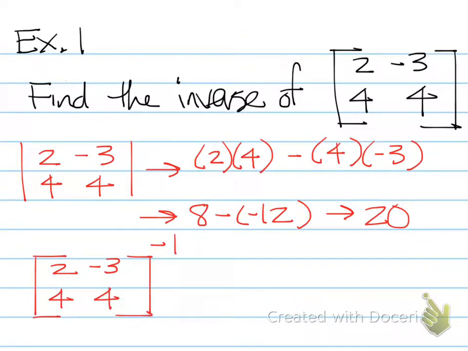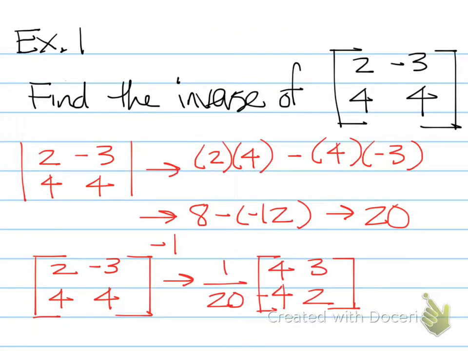And then once you find the value of the determinant, you want to then flip the elements in the top left and bottom right, and then negate the elements in the bottom left and top right. So this is what our inverse would be. The inverse of our given matrix would be 1 over 20 times the matrix 4, 3, negative 4, 2.